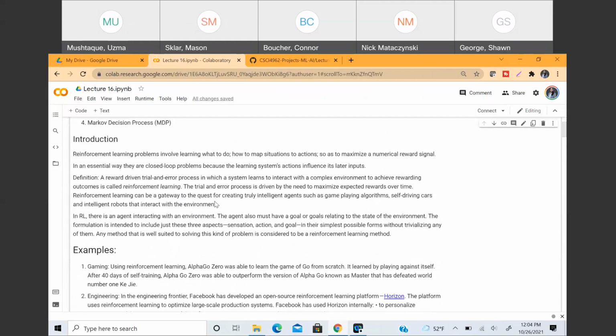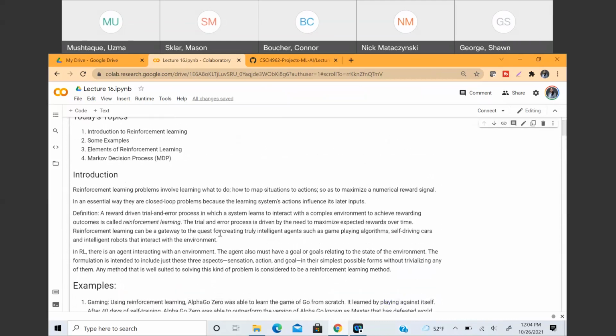All right, so coming back to the definition, as I said, it's a closed loop type problem. What's actually happening is that there is an agent and there is an environment. The agent has a goal that it is trying to achieve within that environment. And obviously, the agent has some information about that environment.